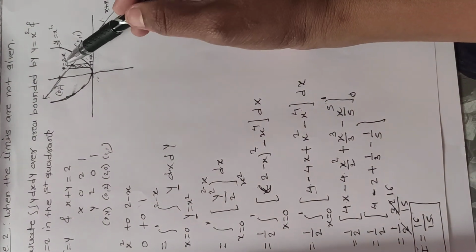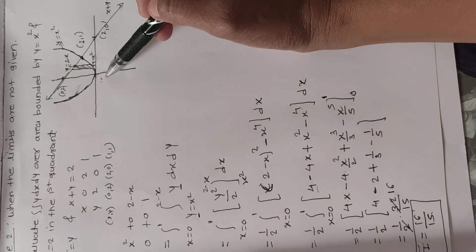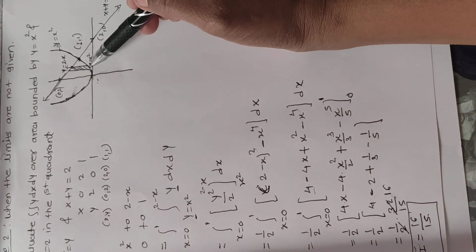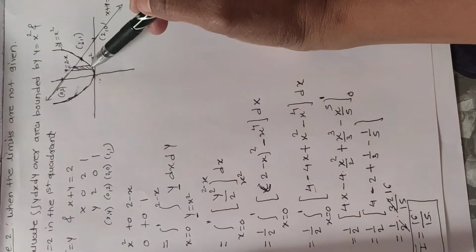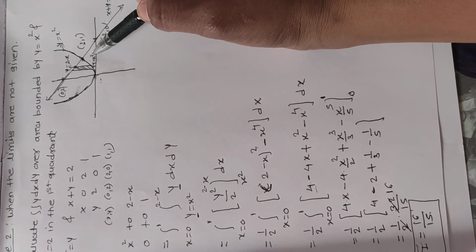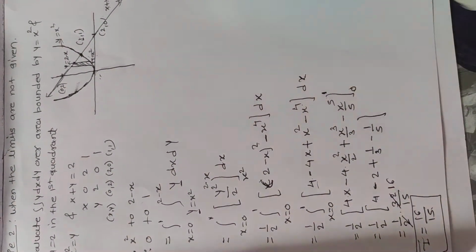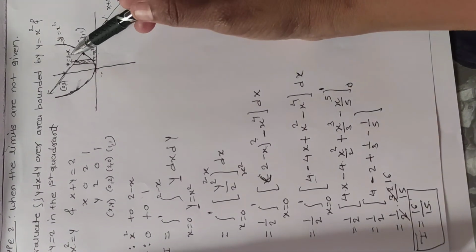There we draw the vertical strip parallel to the y-axis, so we take the limit points of y in variable form. This is the starting point and this is the ending point. The starting point lies on the parabola y equal to x square, and the ending point lies on the line x plus y equal to 2, so we take y equal to 2 minus x. So these are the limit points of y.